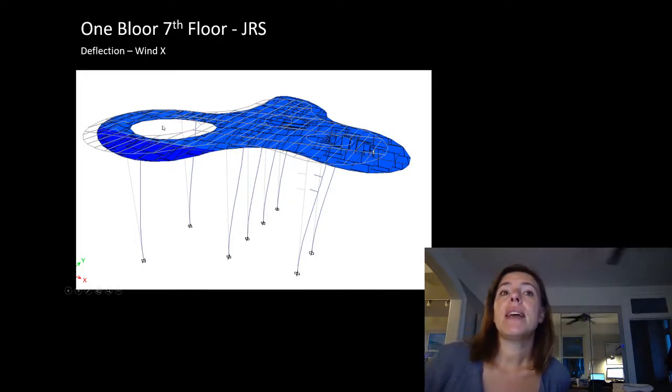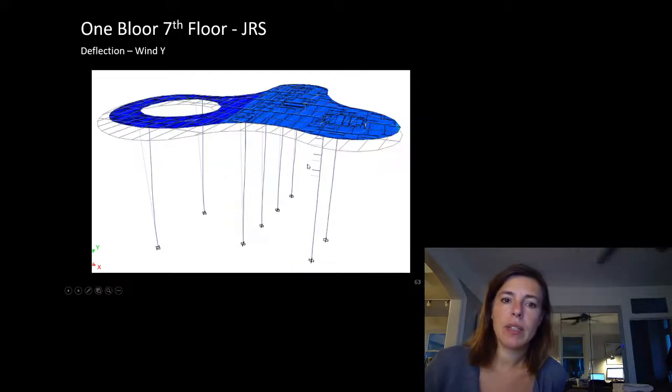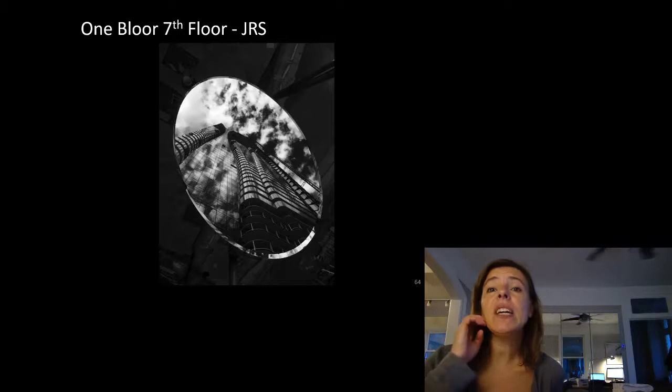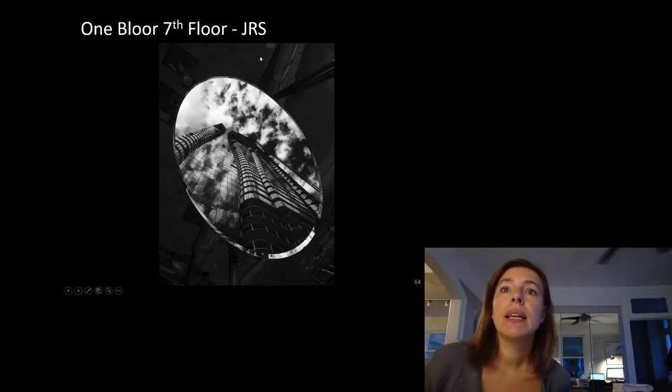Here is our deformation for X. You can see that we start to move sideways quite a bit, but these again are to an amplified scale. This amount was only 2 or 3 millimeters. Here it is in the Y direction. And here is an image from underneath looking up at the building.